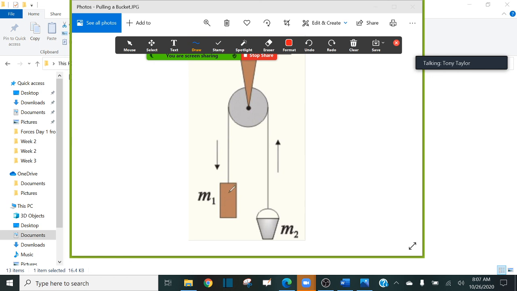I'm solely looking at that object. If I want to know the tension force acting on that object, I would always draw the force acting away from the object because tension force is always a pulling force. This rope literally pulls on this object in this direction.